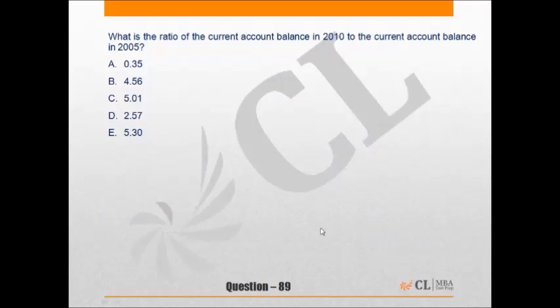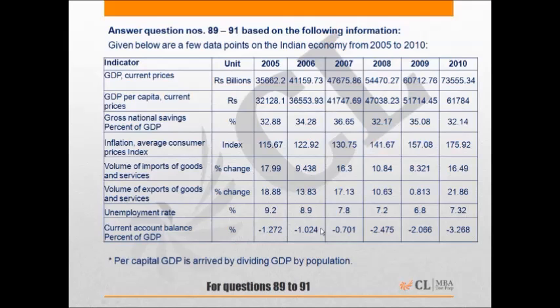In the first question of the set, it is asking what is the ratio of the current account balance in 2010 to the current account balance in 2005. So first of all, we have got to calculate current account balance in 2010, which is minus 3.268% of GDP.